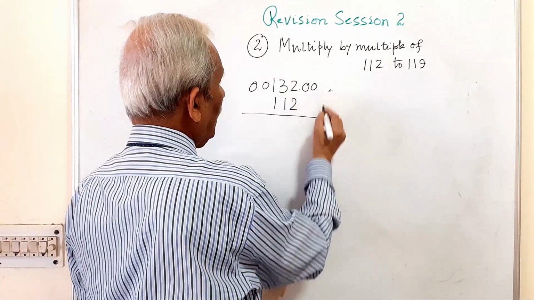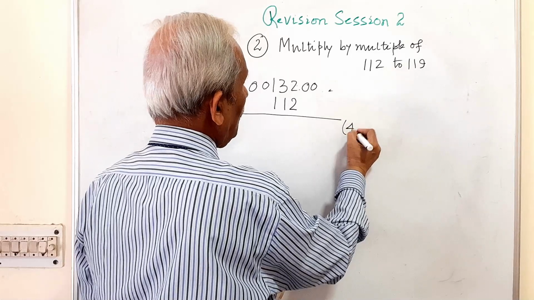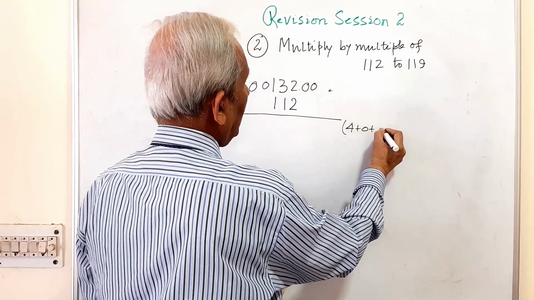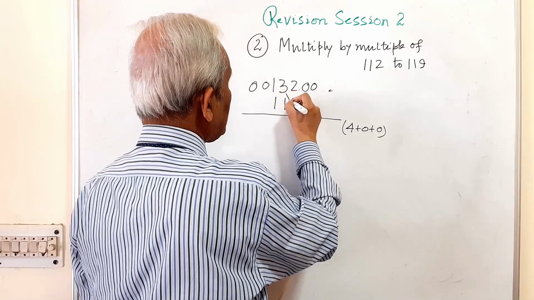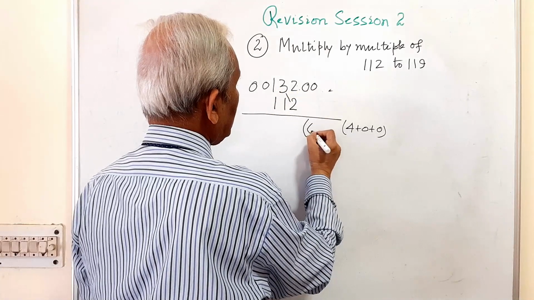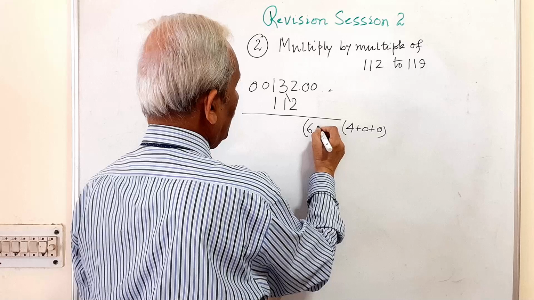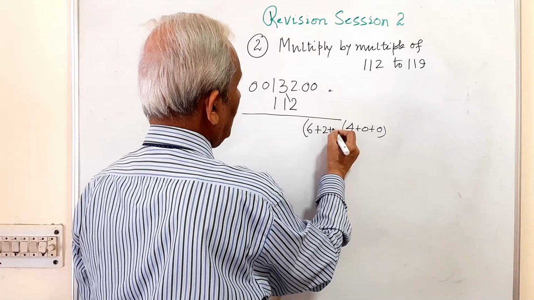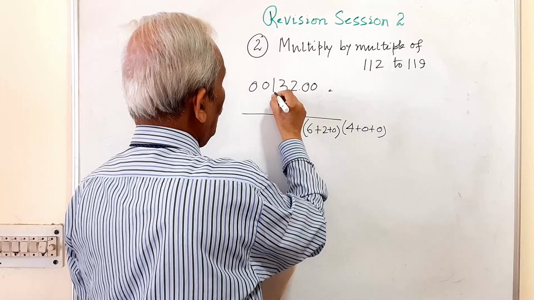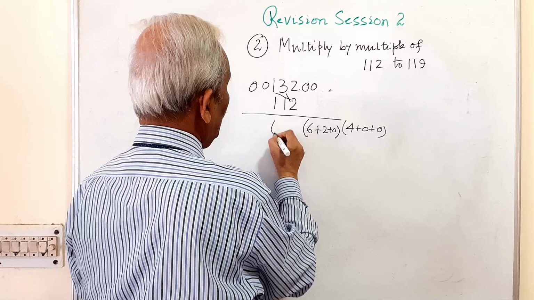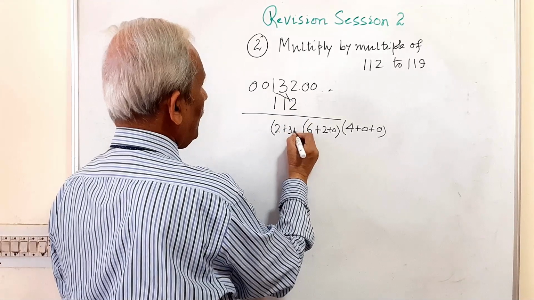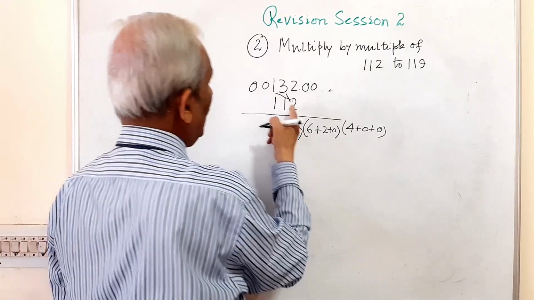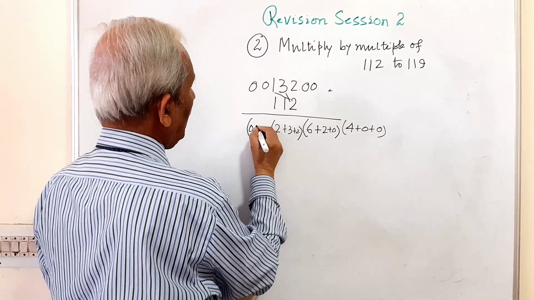2 into 4 plus 0 plus 0, the two neighbors. Then 3 into 2 is 6 plus two neighbors, 2 plus 0 plus 2 plus 0. Then 1 into 2 means 2 plus 3 plus 2. And then 0 into 2 is 0 plus 1 plus 3.